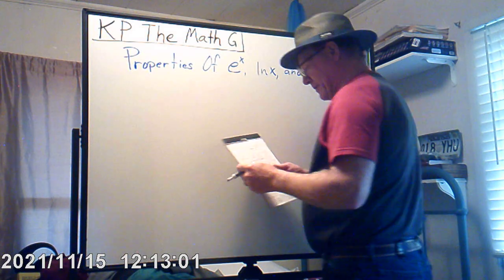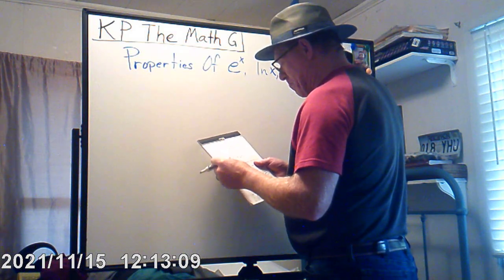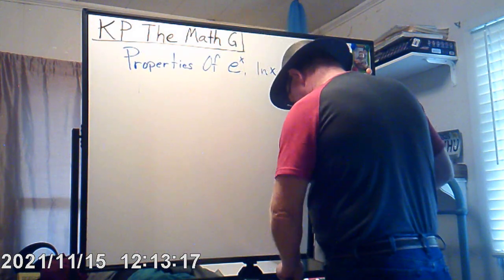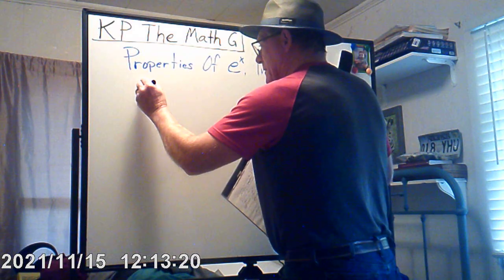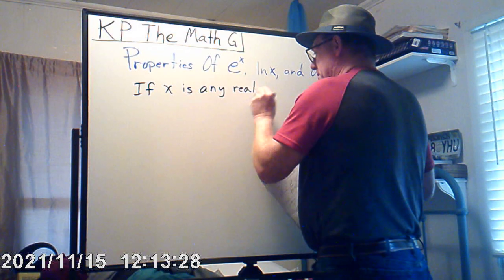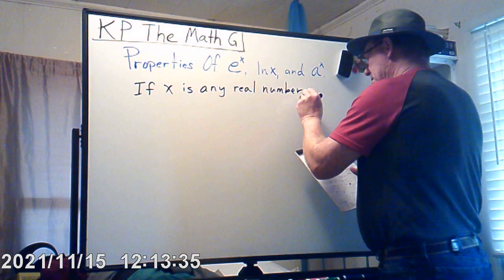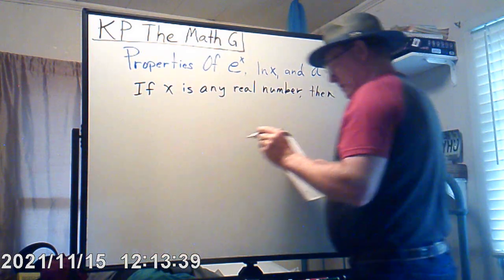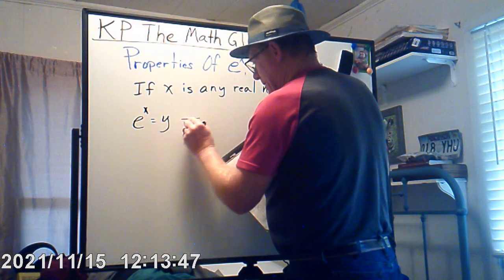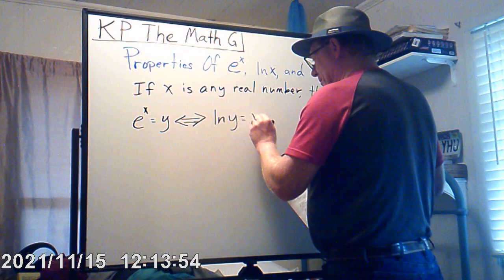Alright, so if x is any real number, then e to the x equals y if and only if ln y equals x.